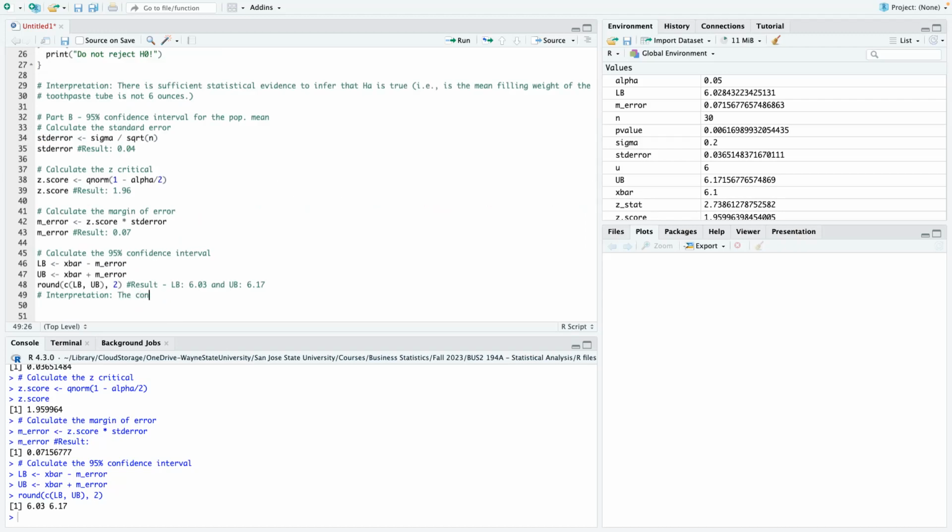So I can just say the confidence interval analysis proves that our hypothesis is correct, and the hypothesized population mean is not valid.